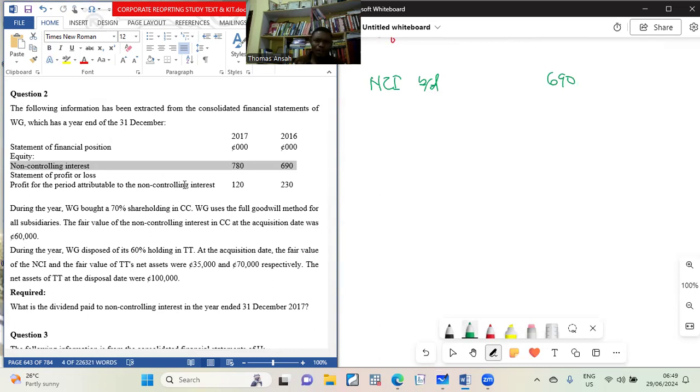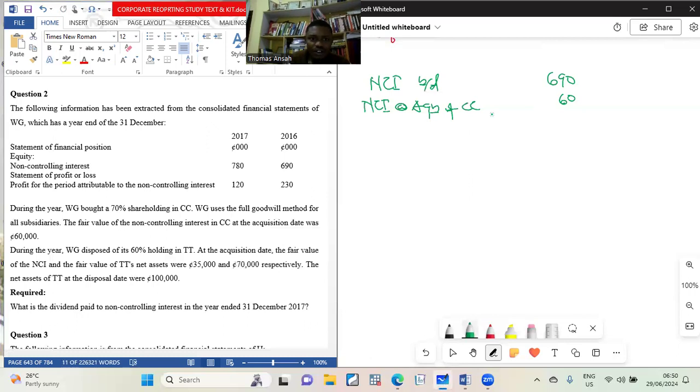You know that normally what you do is that you take your NCI at acquisition. All right. So when they acquired, this is it, fair value of NCI at acquisition. So a new subsidiary, NCI at acquisition of CC is 60. All right, 60,000 because there are 3 zeros here.